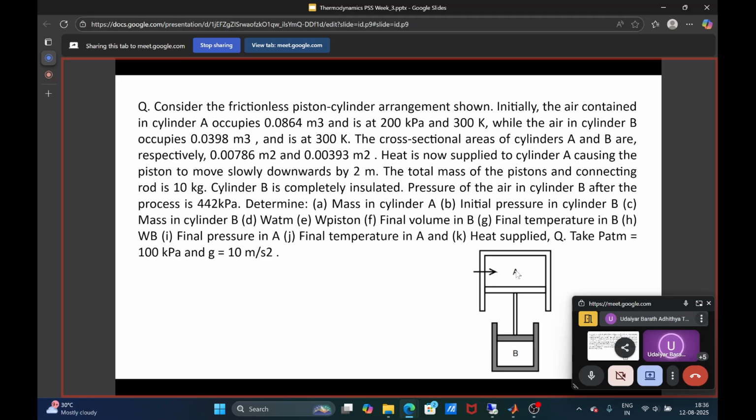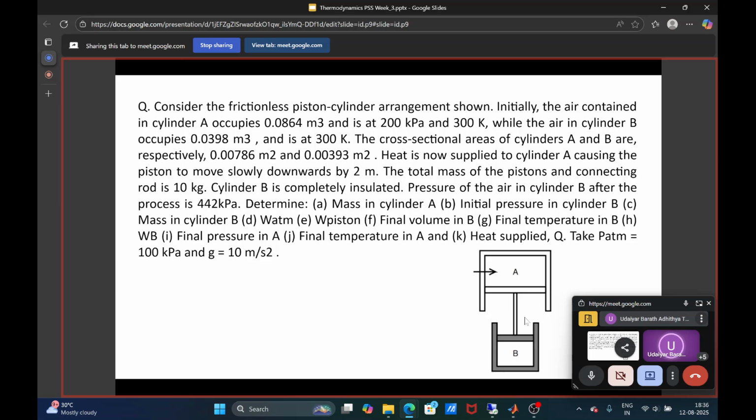So since we know pressure, volume and temperature, using the ideal gas law we estimated the mass in cylinder A. So that finishes the first part, and then we need to find the initial pressure in cylinder B. To do that, we did a force balance across the piston. So we calculated the net pressure on the top face and similarly the bottom face, and the weight of the piston, and we balanced that.